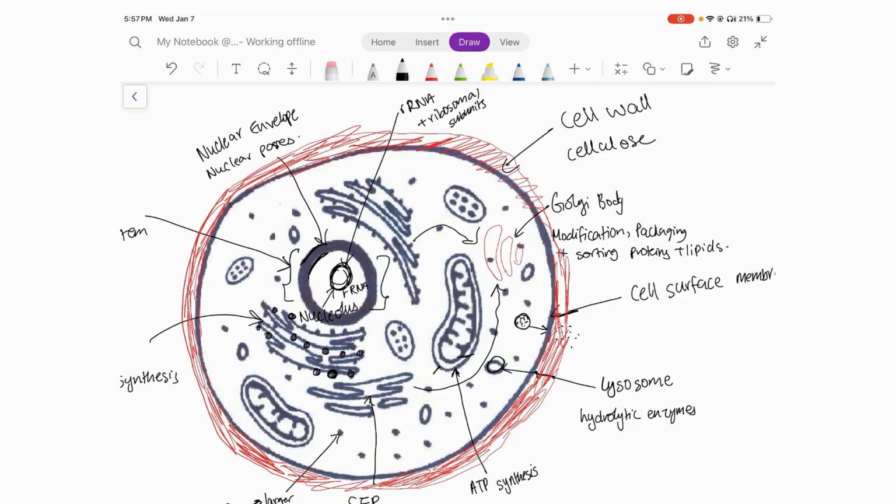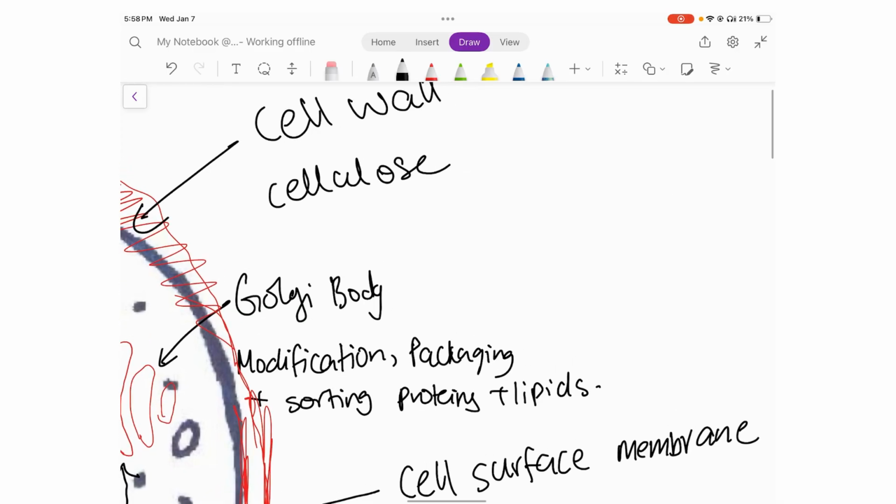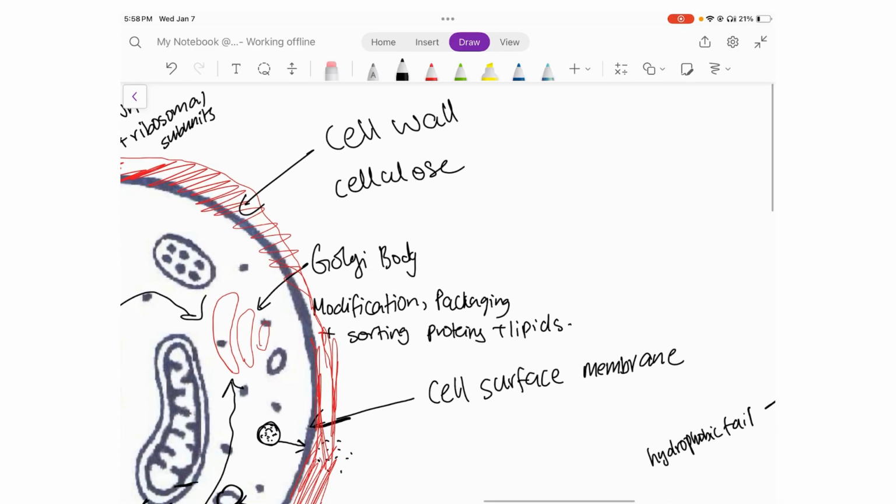So the cell wall is involved in structural support. It gives the cell structural support. That's what helps a plant cell maintain its characteristic shape. And just note this down right here real quick. So it's made up of cellulose, and it helps in structural support.